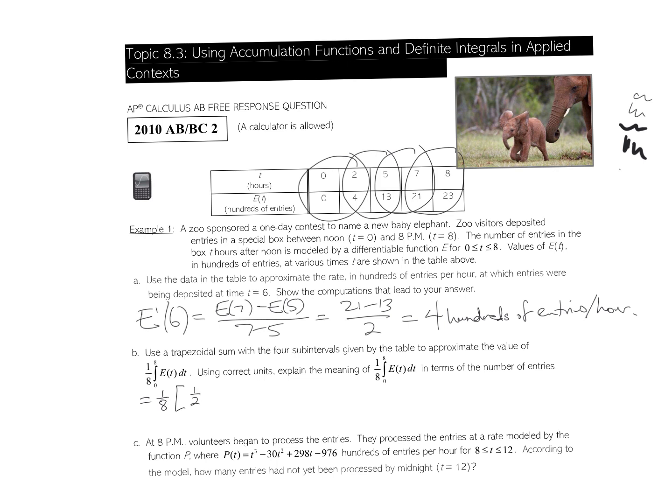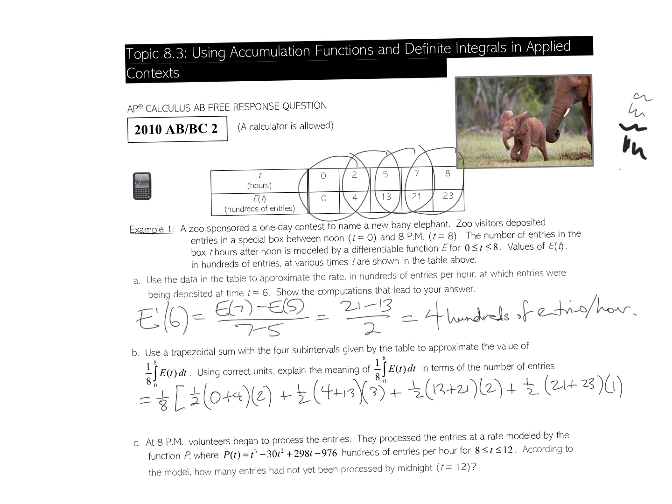So 1/2, we're going to take 0 plus 4 and then times it by the width from 0 to 2, so that's 2, plus 1/2, we're going to add the 4 plus 13, and then times it by the width of 3, plus 1/2, we're going to take 13 plus 21, times it by the width of 2, and then 1/2, 21 plus 23, and then we're going to times it by the width of 1.